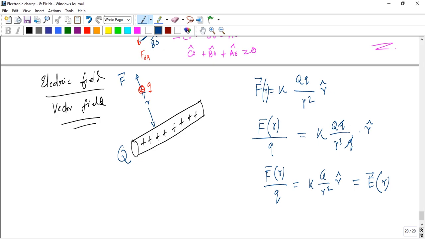So a test charge experiences some force in any direction, not only in one direction. If a test charge experiences some force due to a source charge, that means the test charge is placed in the field of capital Q, the source charge field.